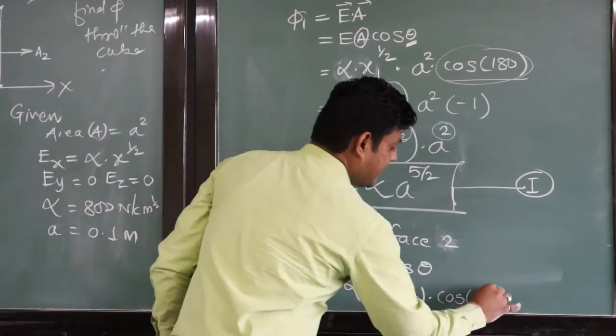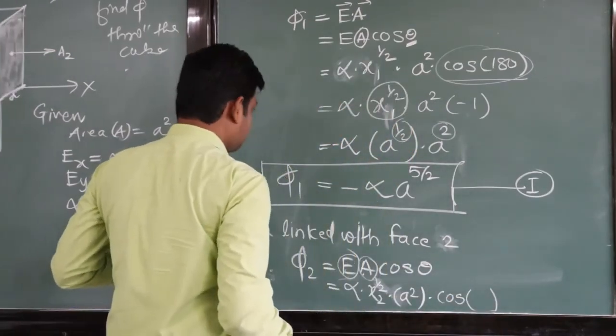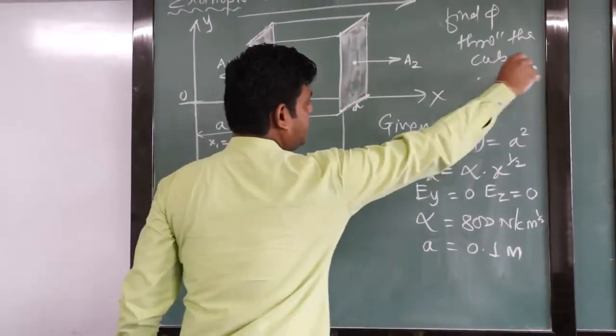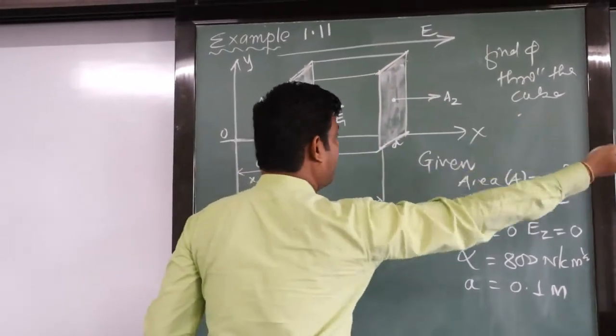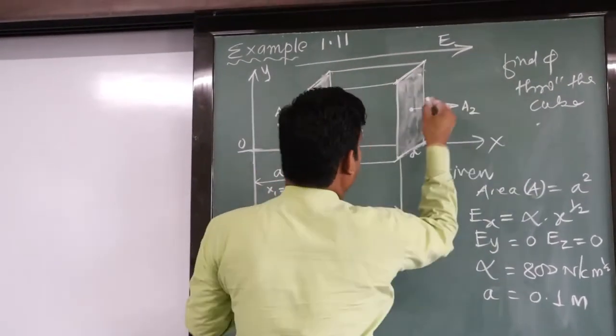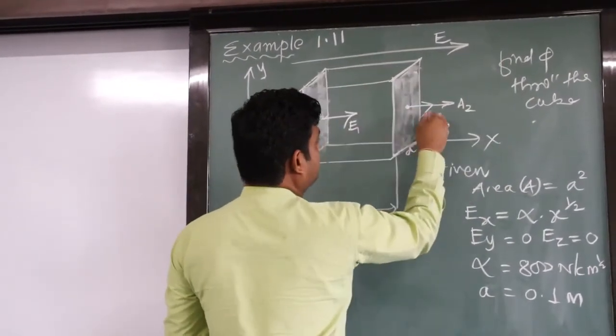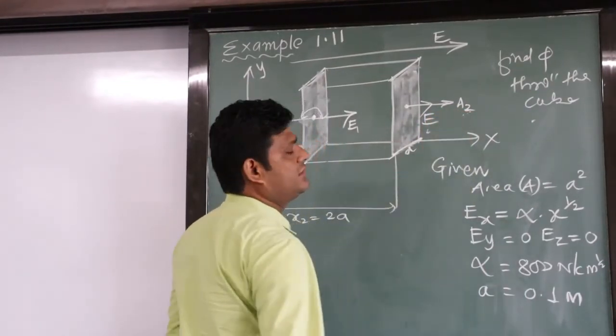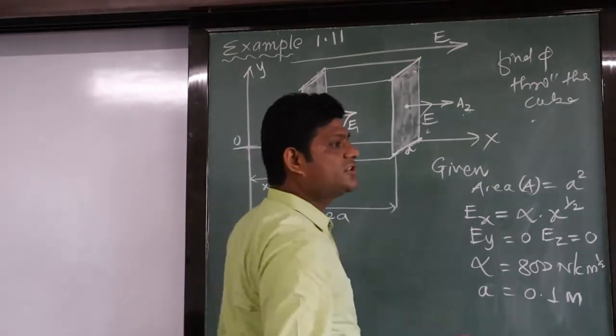Now we will decide the angle. See the diagram. It is face 2, direction of area vector pointing upward, pointing outward, and this is the direction of electric field. So E and A are in the same direction. So angle between them is 0.